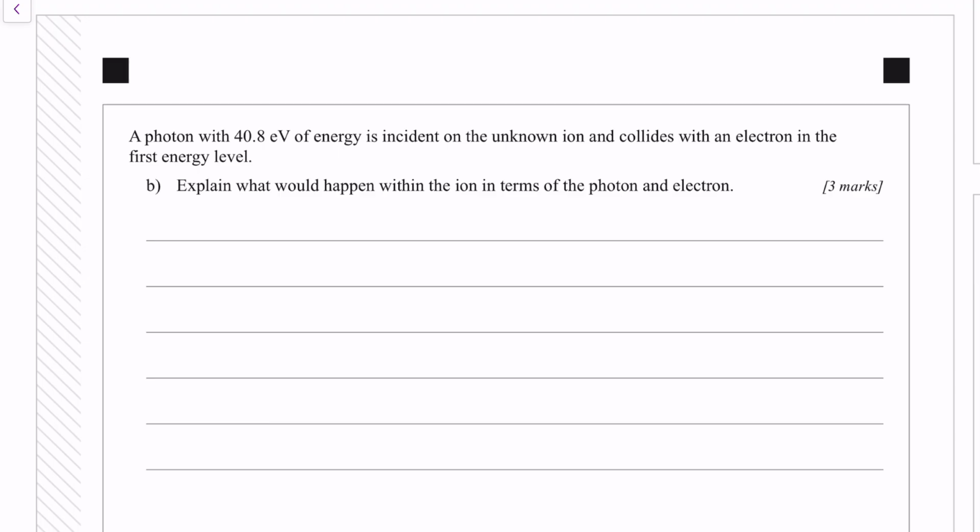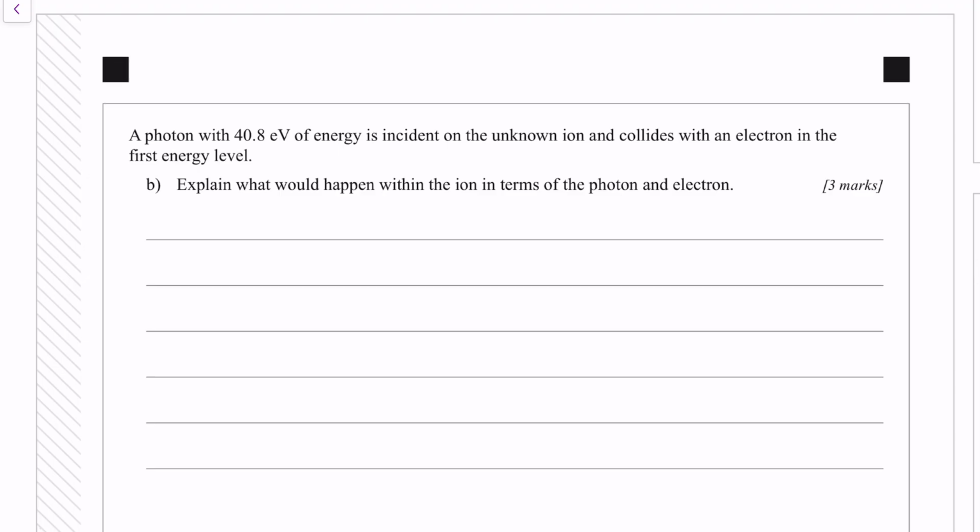All right, so I can say that the photon will be absorbed.